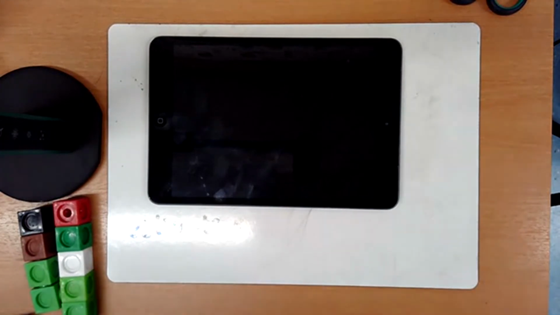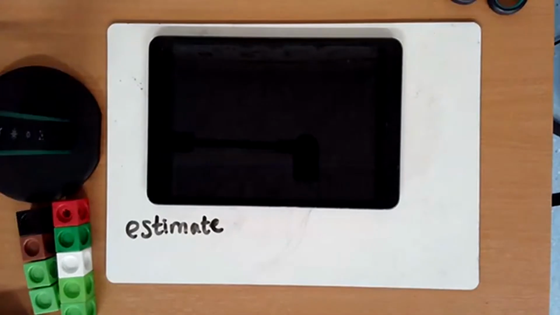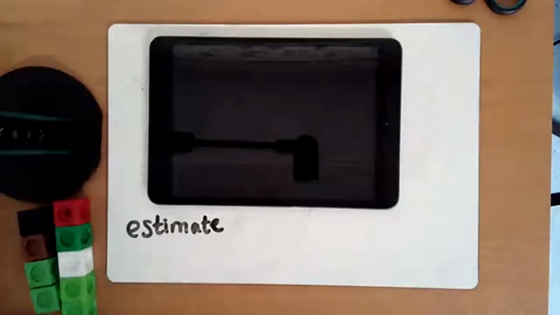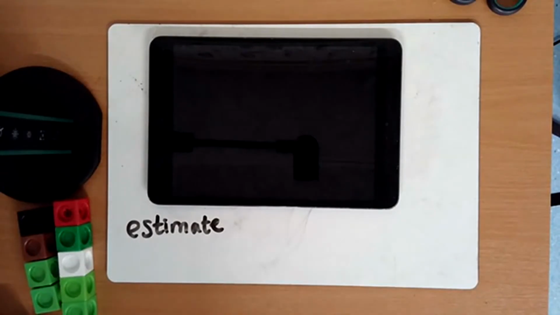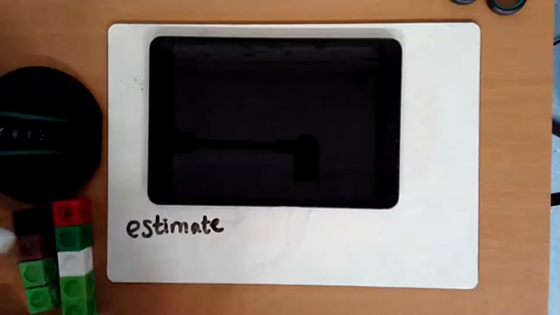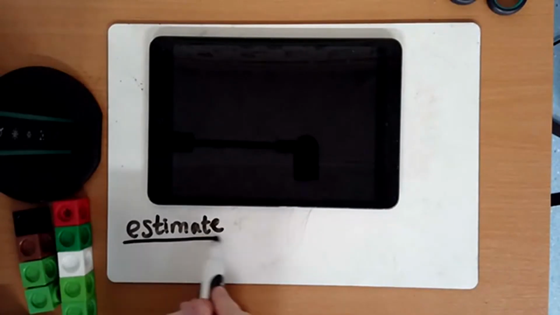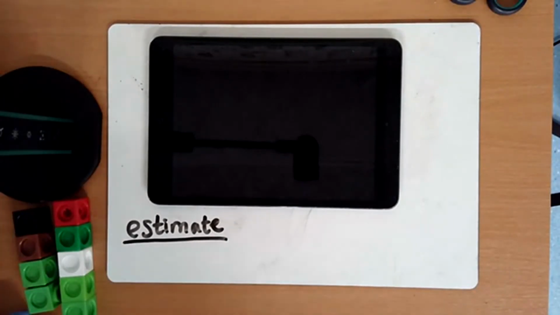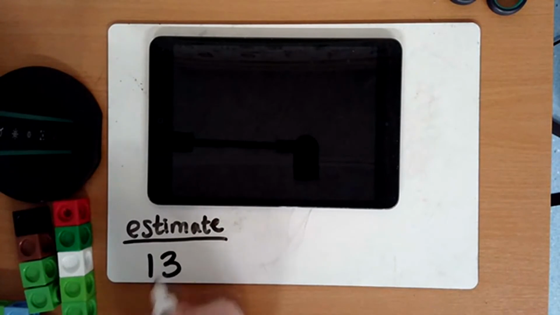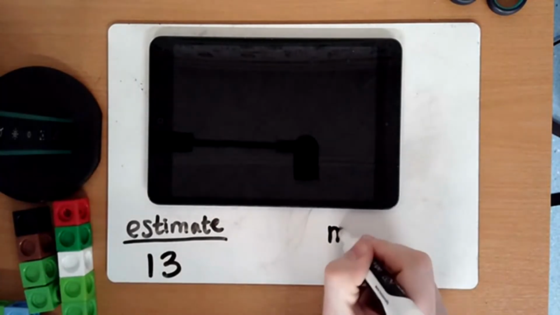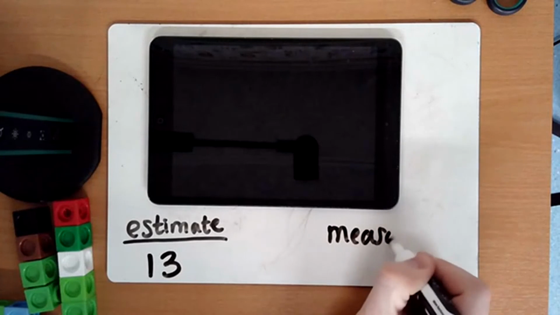Oh, sorry, I'm just going to turn the light off so you can see a bit better. So I'm going to estimate that my iPad is, let's say, 13 cubes long, and then I'm going to do the measurement in a moment.